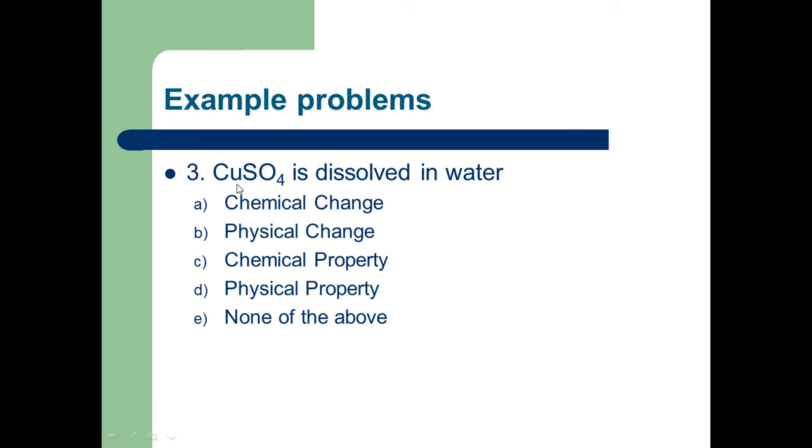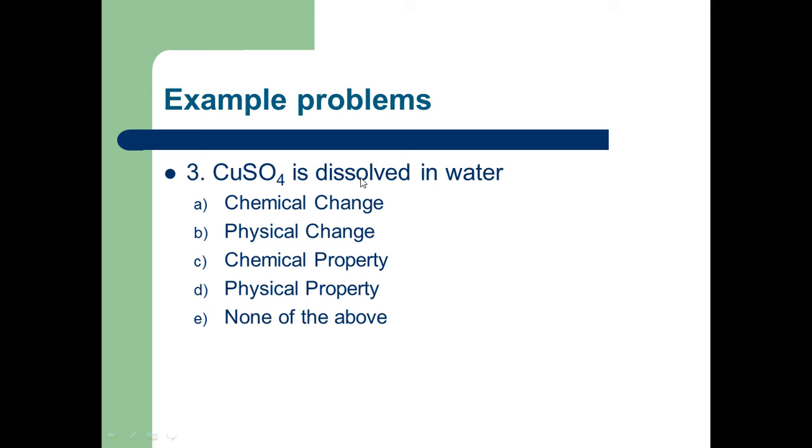All right, you have CuSO4 dissolved in water. And just in case you're wondering how to name that, you've got copper, you've got sulfur, you've got oxygen. We'll learn naming much later in the year, but it's called copper 2 sulfate. So it's a compound. It's saying it's dissolved in water.